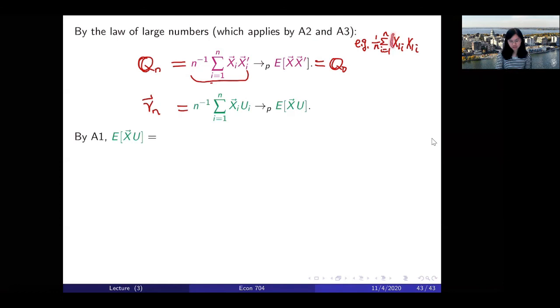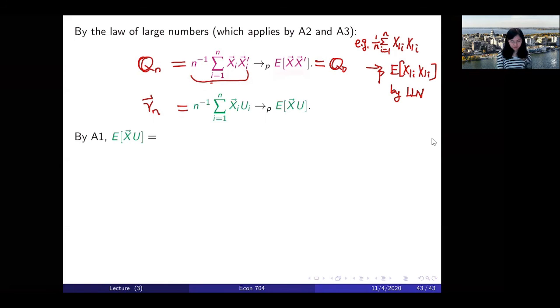So if you treat that as a random variable, and it is IID across i, you can apply the law of large numbers and show that this converges in probability to the expected value of x1i times x1i. That's by the law of large numbers that we have covered before. You apply that to every element of this matrix, and you are able to show that this random matrix sequence converges to this non-random matrix.